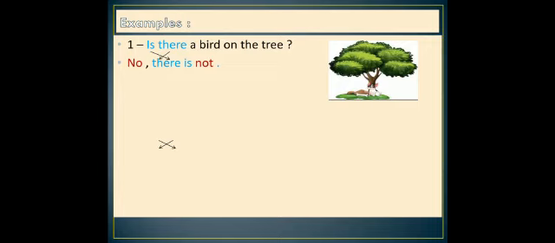There is, and we are going to write not, because no loves not. So here we're going to answer no, there is not. Or no, there isn't. And don't forget the full stop.